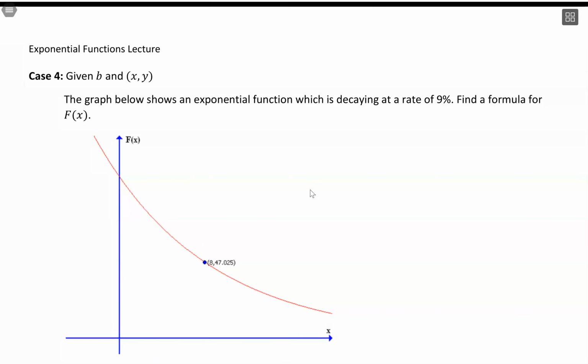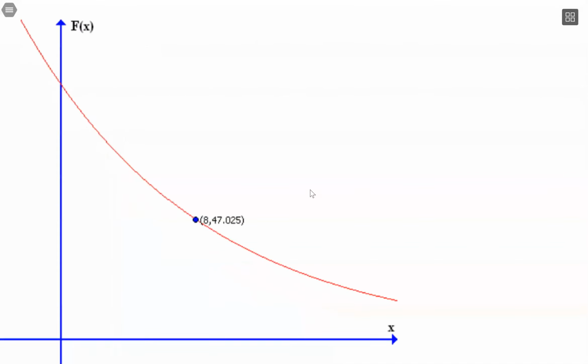All right. Given a graph, or it's not even just given a graph, we're given the value for b and we're given a coordinate. So we have our coordinate coming through right here with this 8, 47.025. We could use that as a comma, or it looks more like a decimal to me.